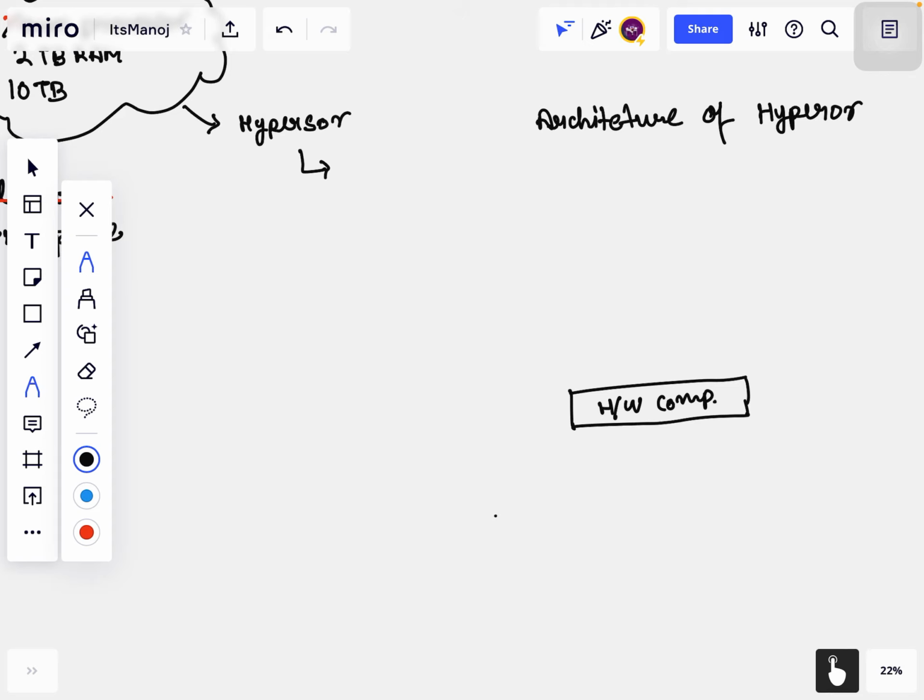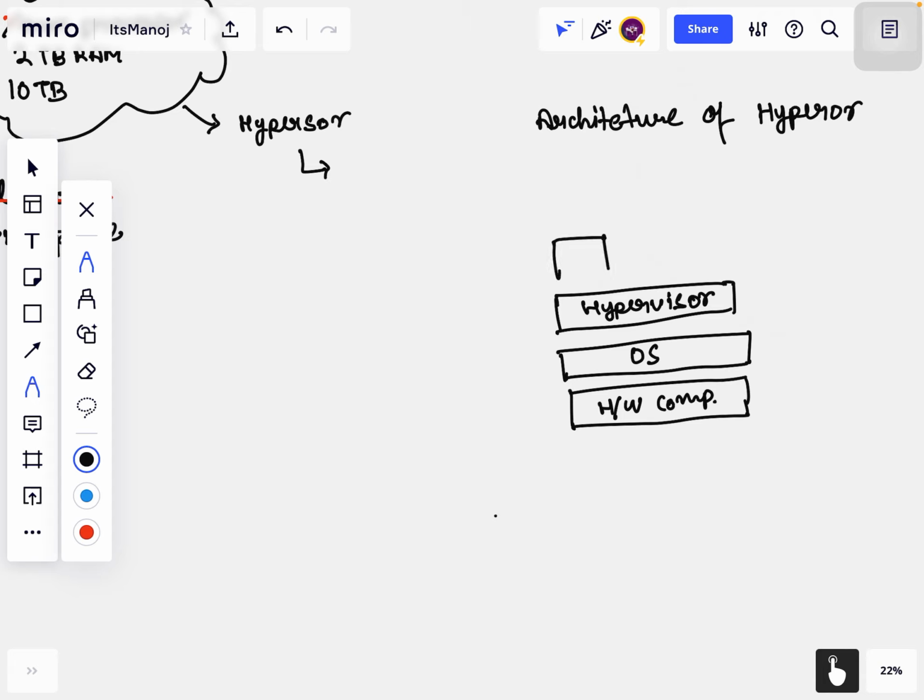Over that we have a layer of OS, and the OS can be any Linux flavor, like Ubuntu or CentOS. And over that we install something known as a hypervisor.